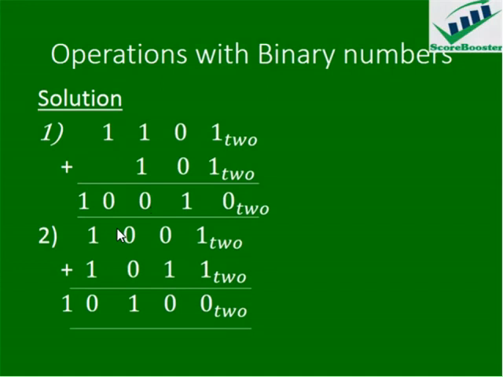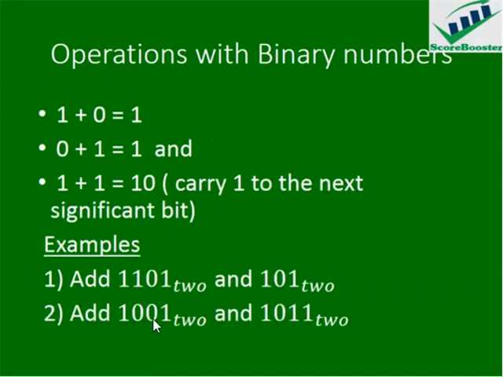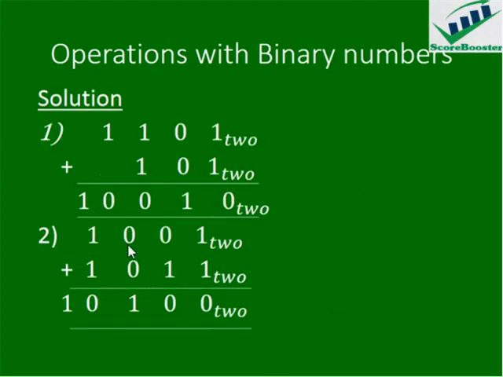So now we move to the next example, which is what? We are asked to add 1001 to 1011. So this is it, 1001 base 2 to 1011 base 2. This one shouldn't be difficult if you have understood the first example.